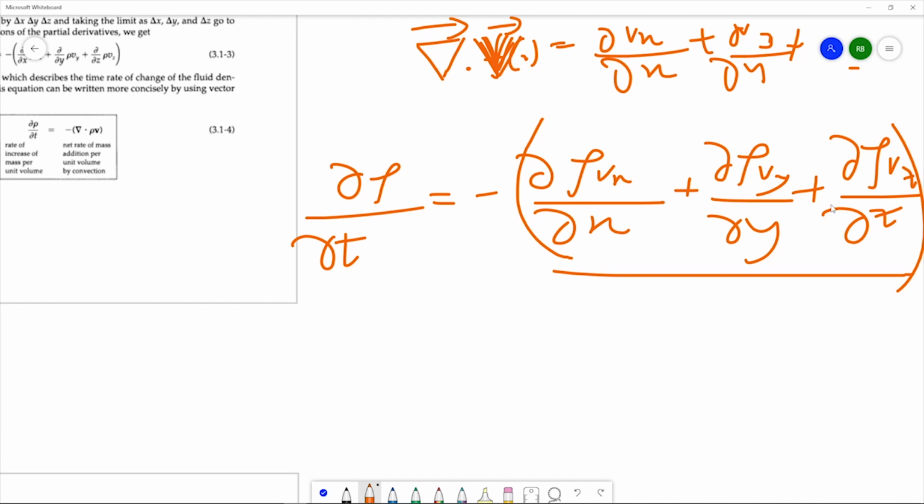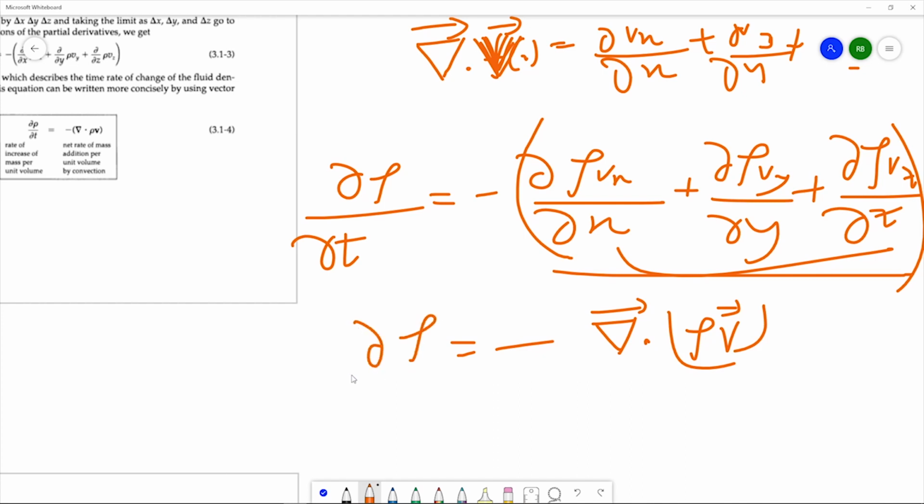So similarly, you can directly apply here. If you use this formula, you can replace this with nabla dot ρ times the velocity vector.